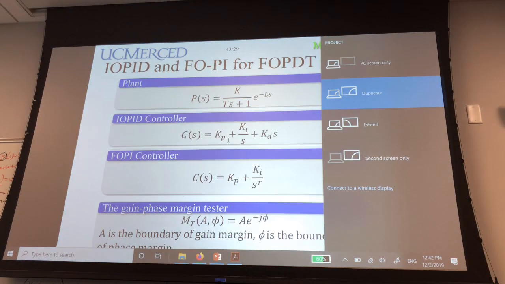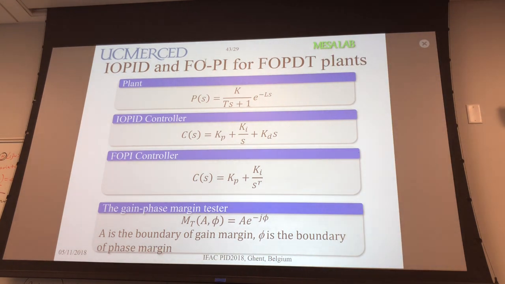So the basic setup is like this, okay? I want you to see carefully whether we have the gain phase robustness.